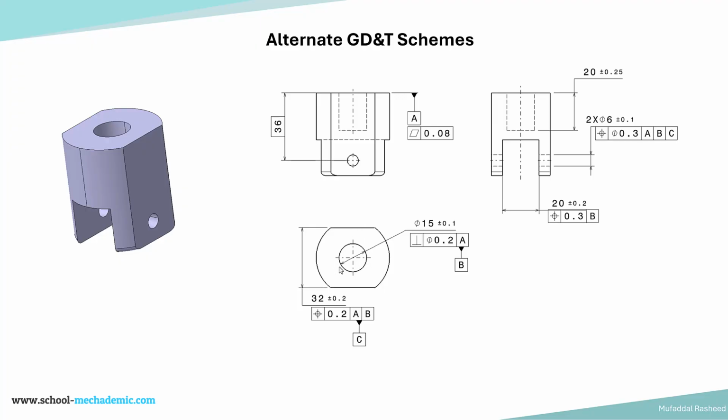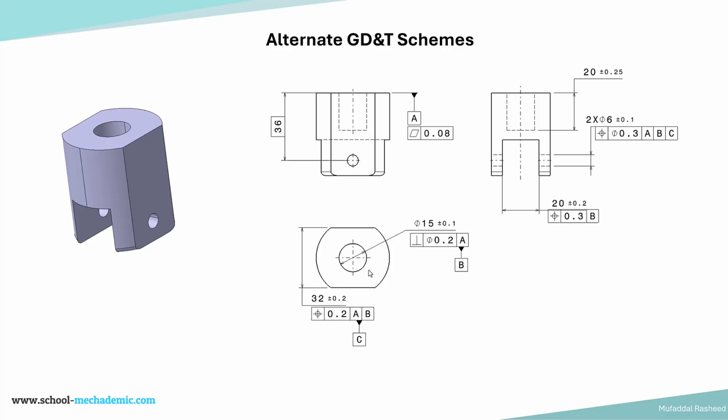That center plane should lie within a tolerance zone of 0.2. So there will be a rectangular tolerance zone of 0.2 and the center plane is equally spaced with respect to that tolerance zone. So it can move up or down 0.1 on either side of the center. The center plane of this width is being controlled with respect to datums A and B.